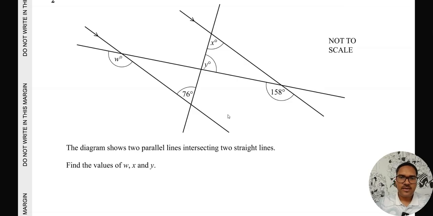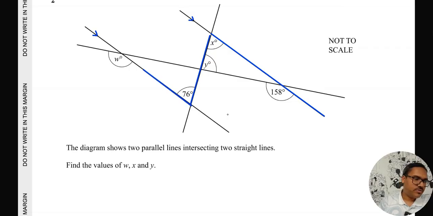The diagram shows two parallel lines intersecting two straight lines. These are the two straight lines which are parallel, and this is the line which is intersecting. You have to find x, y, and w. First, if you observe these angles, this is an alternate angle.